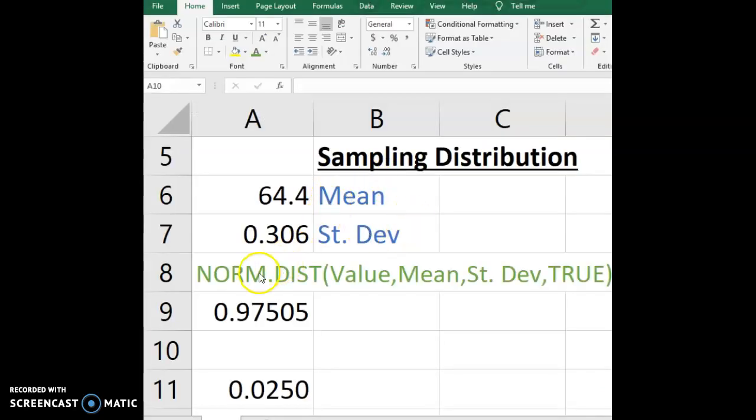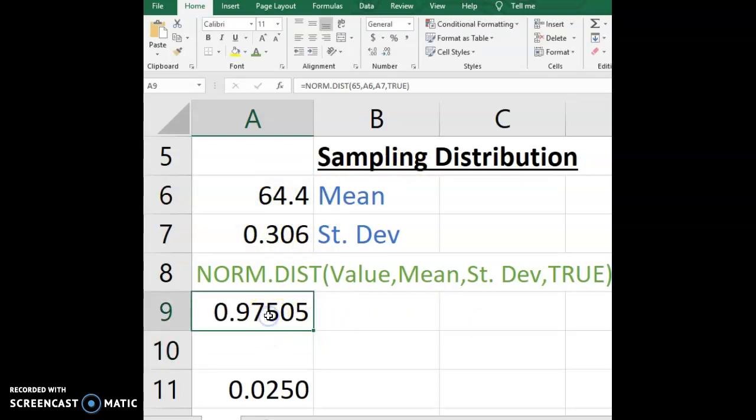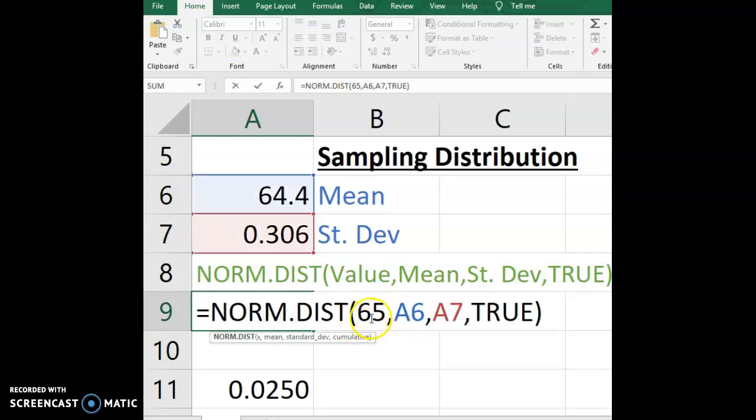So in Excel, we're going to use norm.dist, since we know our sampling distribution will follow a normal distribution. And we're looking for greater than 65 inches. We enter in the mean, comma, the standard deviation, and then true, and use those values for our sampling distribution that we calculated. And this is the probability that our sample will have a mean of 65 or less.